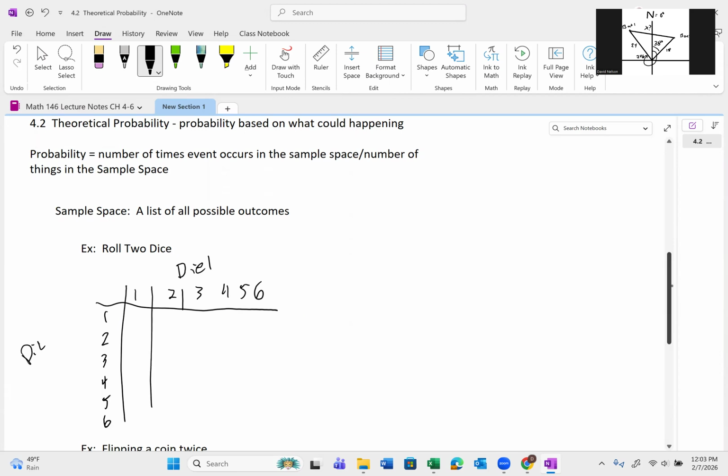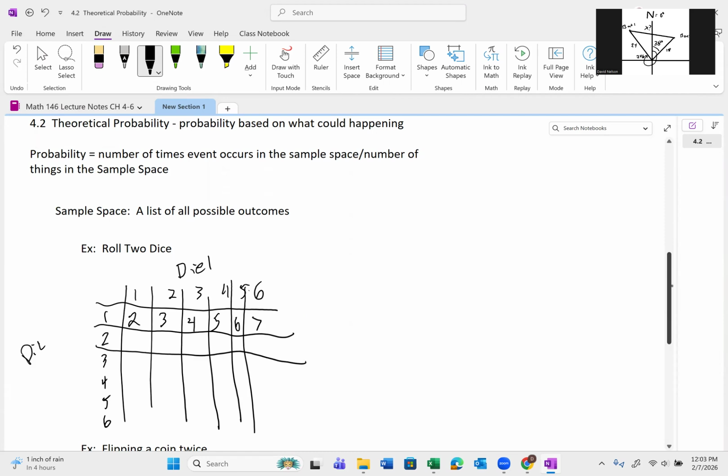And so if we think about what could happen, if I get a 1 on the first dice and a 1 on the second dice, then the sum would be 2. If I get a 2 on the first dice and a 1 on the second dice, the result would be a 3. 3 and 1, the result is 4. 4 and a 1, the result is 5. 5 and 1, the result is 6. And a 6 and a 1, the result is 7.